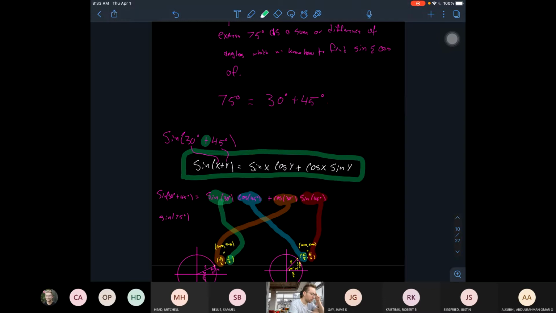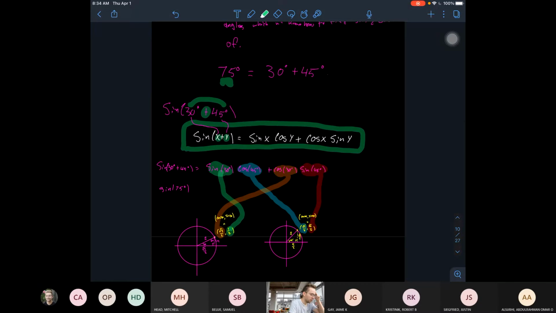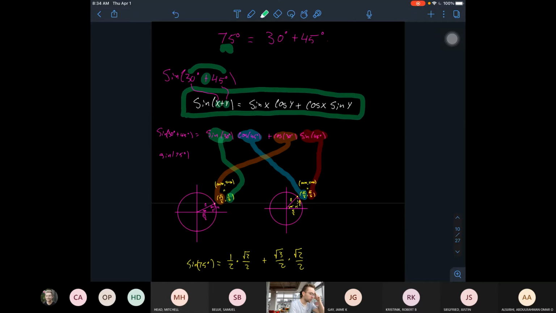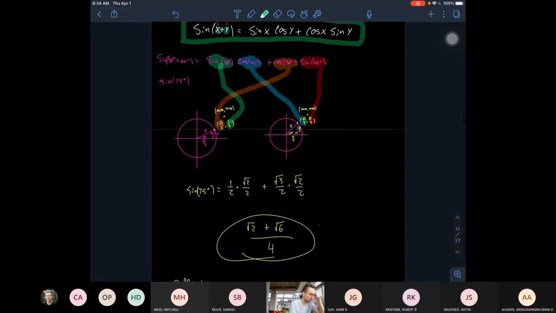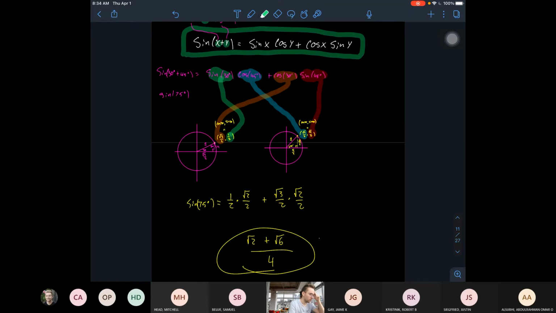If I express the angle I want the sine of as a sum of two different angles, then I plug one in for x and one in for y, and compute the sine of 75 degrees by computing the sine of 30 degrees times cosine of 45 degrees plus cosine of 30 degrees times sine of 45 degrees. This is how we use the sum and difference formulas.